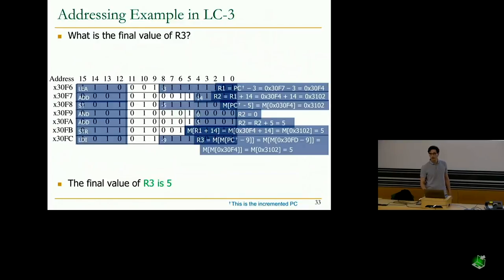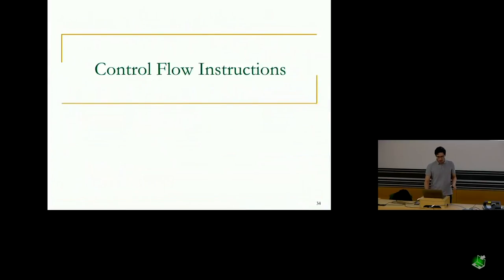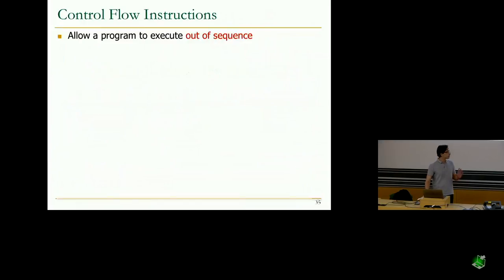Is that clear? Okay. So you can take a look at this, and if you have any questions, you can ask me later. Now let's quickly go through the control flow instructions. Recall that these control flow instructions are useful when we want to change the sequence of execution.